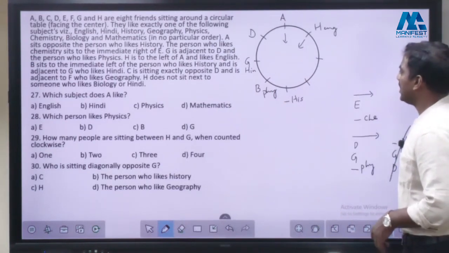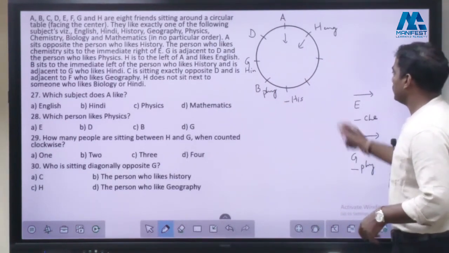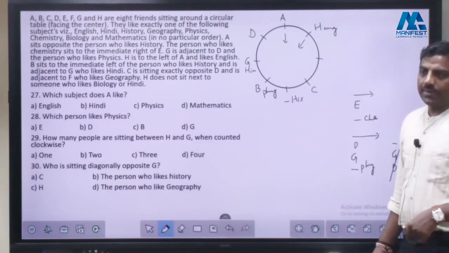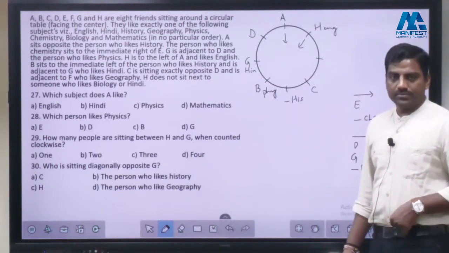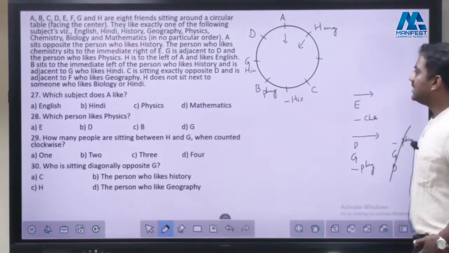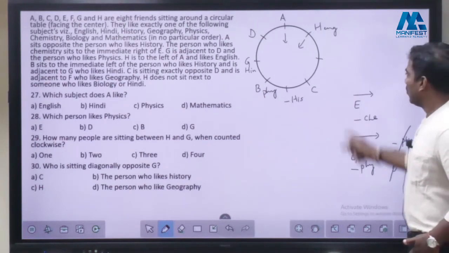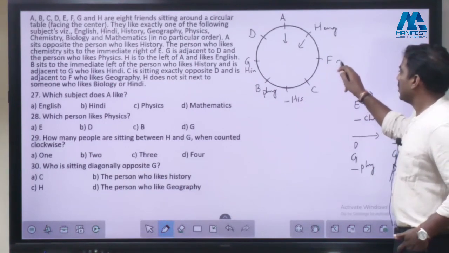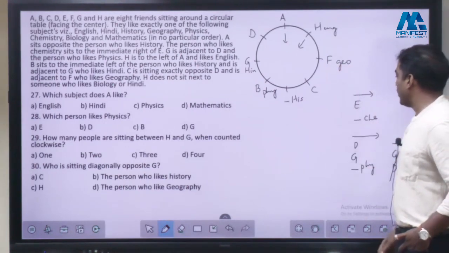C is sitting exactly opposite of D. Either it is diagonally opposite or exactly opposite, it is the same in a circle. Then C is adjacent to F, who likes geography. Only this position is left now. F likes geography. Then where will E come?